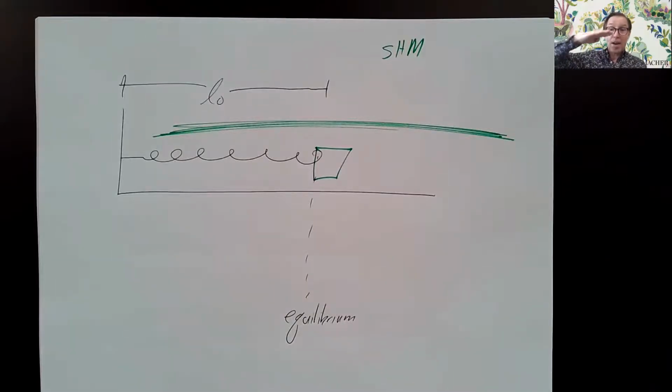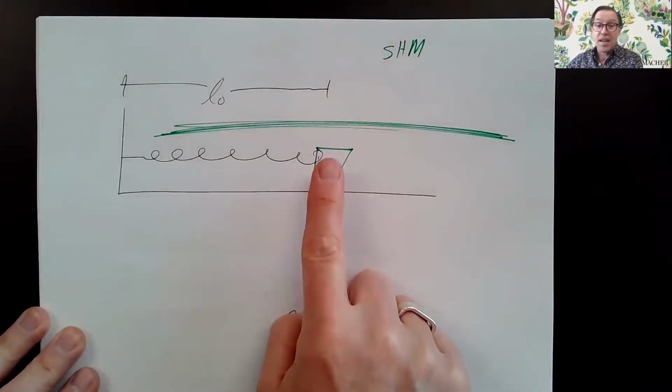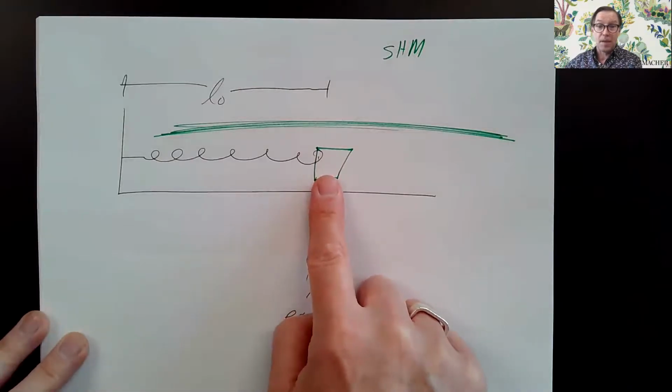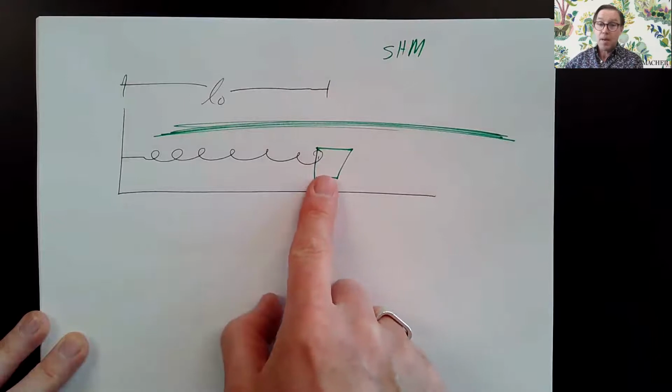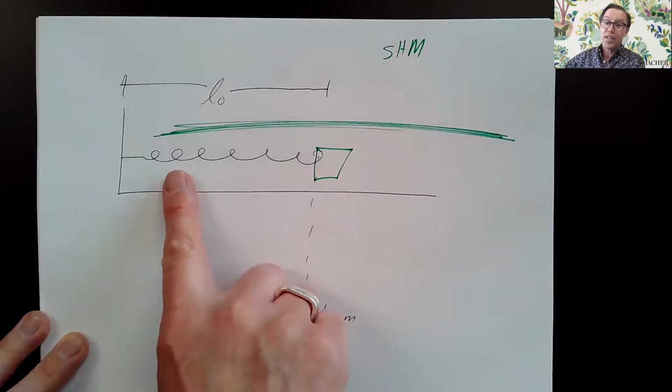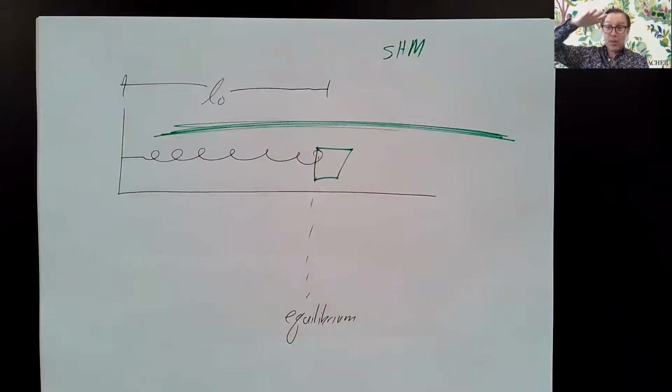Because all the way down, it's being pulled down with a constant force, and all the way up, it's being pulled down with a constant force. That's not what's going on here. Here in the middle, I'm not being pulled at all, and I'm being pulled harder, harder, harder, then less hard, less hard, less hard. Not the same as a basketball, pulled with a constant force all the way down and all the way up.